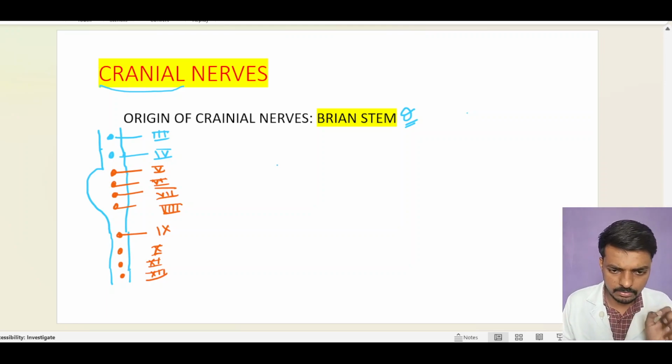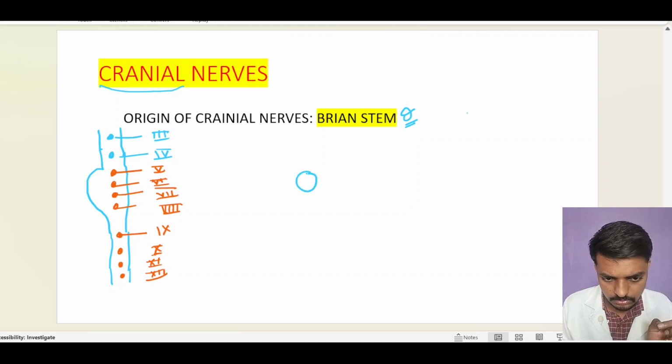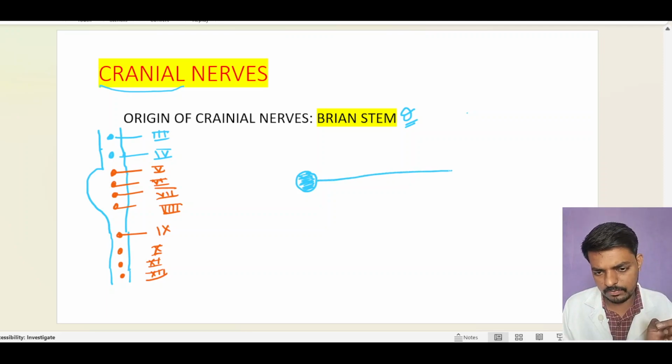Okay, see what we call this one. This is our cranial nerve body, and here is the elongated nerve fiber of our cranial nerve. So this is called the cranial nerve body or nucleus. We call this one the nucleus, and this is our nerve fiber.